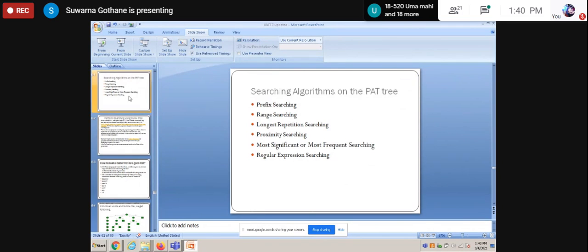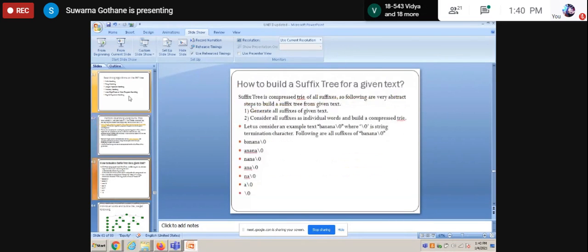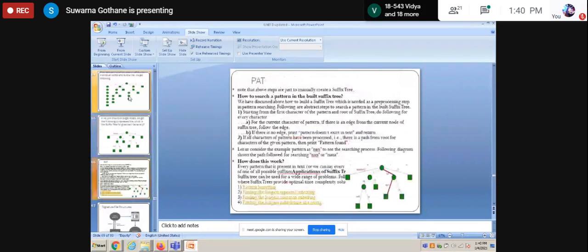So this is nothing but your PAT algorithm or PAT data structure. How does it work? If you have been asked for the algorithm, you can write these steps. These steps are here, right? Okay, so you need to write the entire concept, then this is the tree and all.